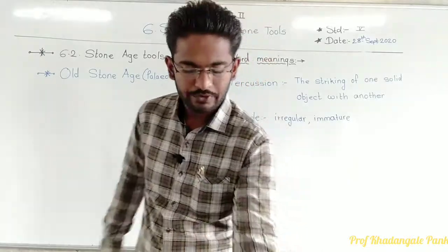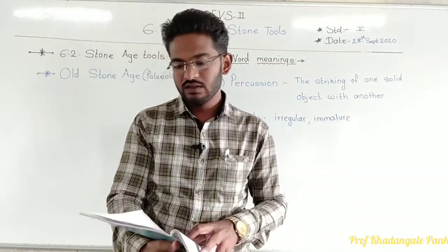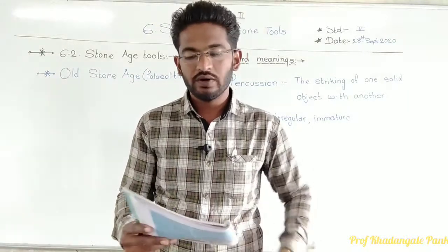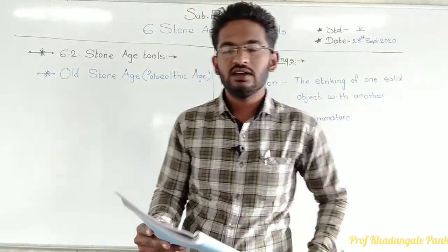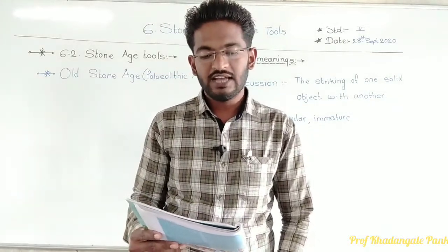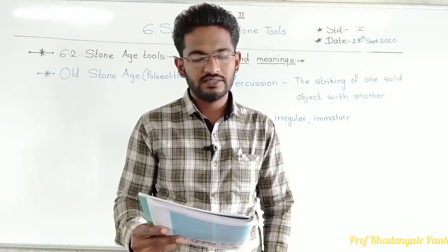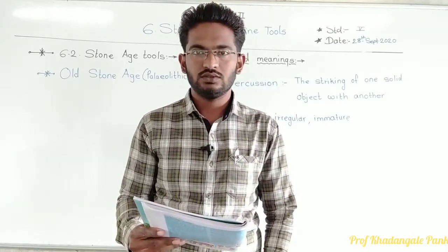So open your books, page number 25, chapter number 6, Stone Age Stone Tools. See here, in this chapter 2 points are there. 6.1 Types and forms of tools according to the type of task, and the second one is Stone Age tools.